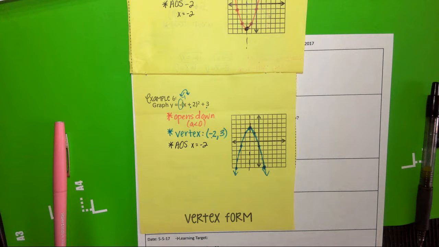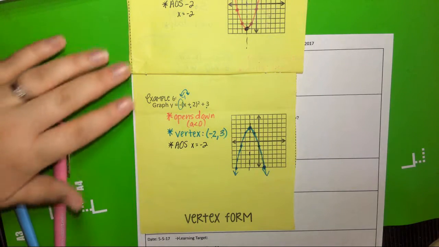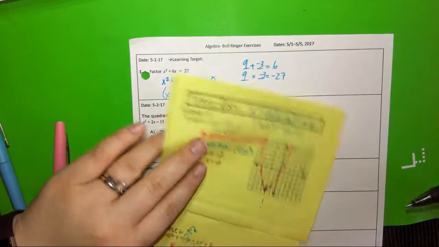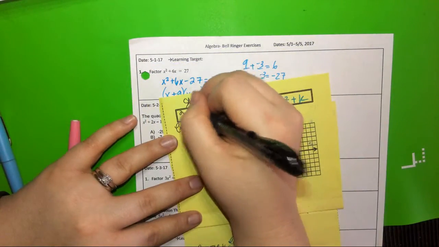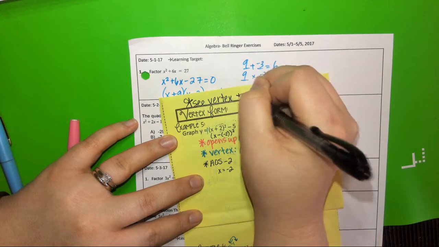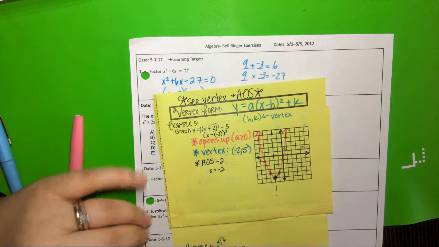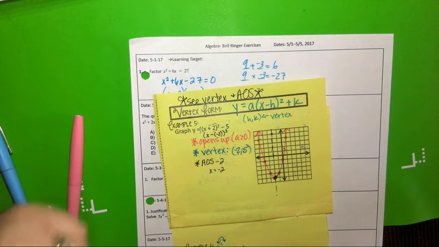All I'm saying is that if I were to go back up to the top and make a note to myself about why I love vertex form, you can see the vertex and the axis of symmetry. And to be honest, if you can see that vertex and that axis of symmetry, and as long as a is 1, that bad boy is super easy to graph.